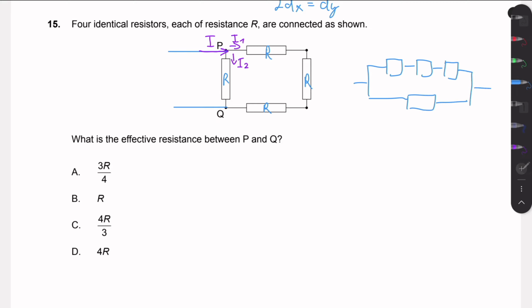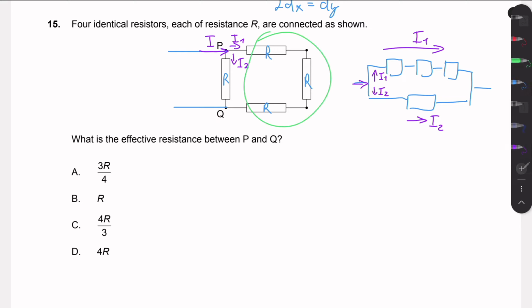Like this, it's much more obvious what is going on. Here we have current coming in, and then I1 going up, and I2 going down. Then I1 goes through these, and I2 goes through these. So these are in series, but the two branches are in parallel.